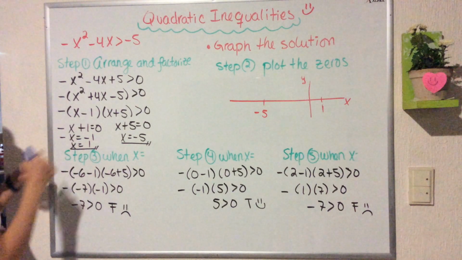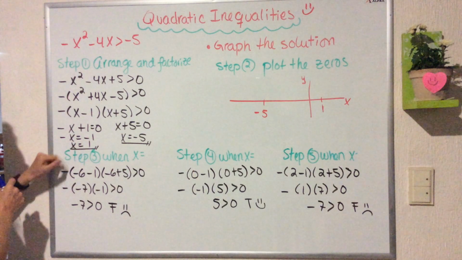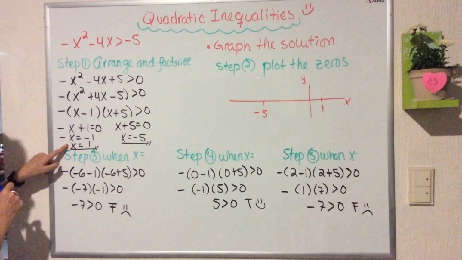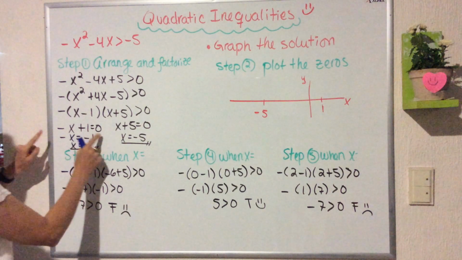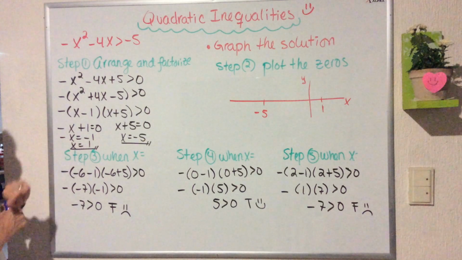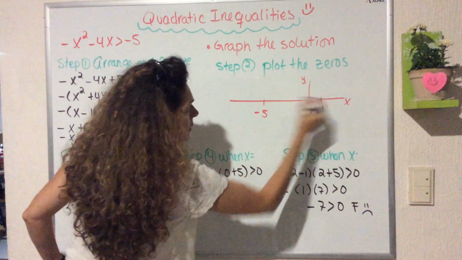Okay, and then we solve for x. So we have minus x equals minus 1. And then we continue solving for x because x must be positive. So we multiply both sides by minus 1. So we get x equals positive 1. Okay, so we have our first root in positive 1 here.